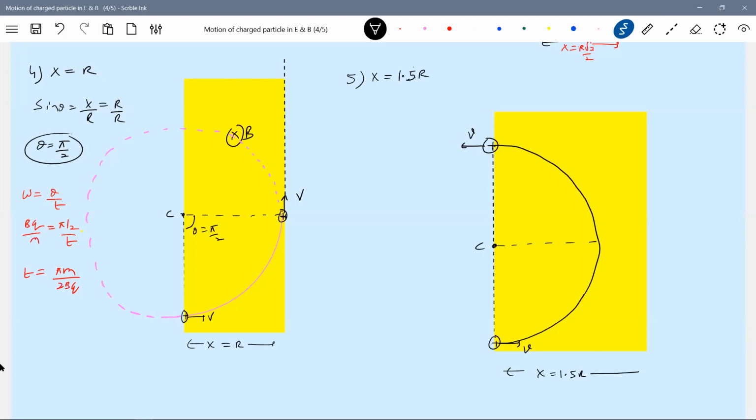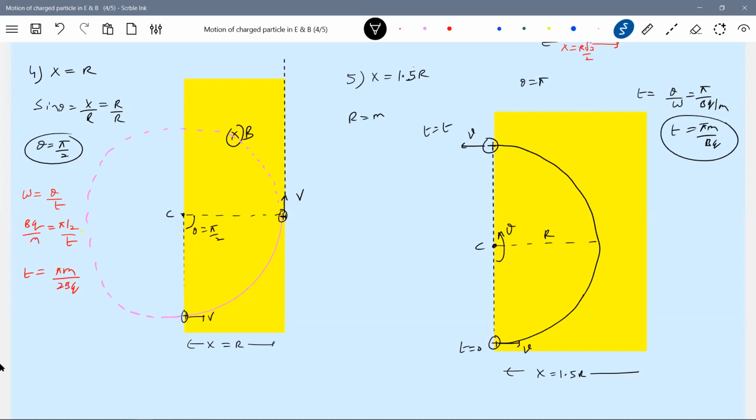At t equals 0, the particle is here. After some time t, it is here. What is the deviation? 180 degrees. Time spent is theta by omega, pi by qB by m, that is pi m by qB. That's the time spent by the charged particle inside the magnetic field.